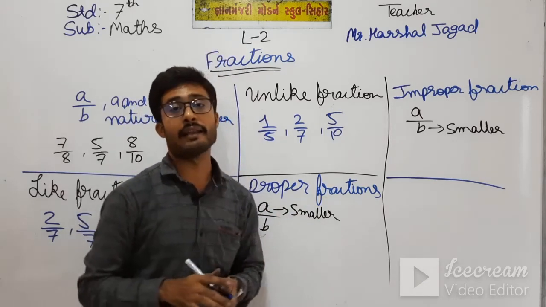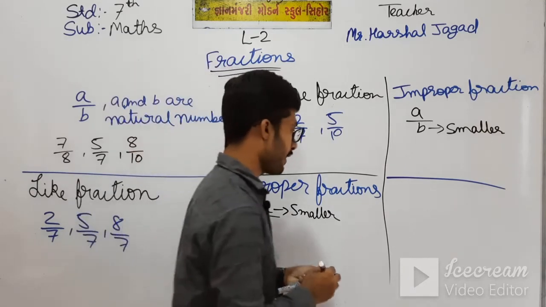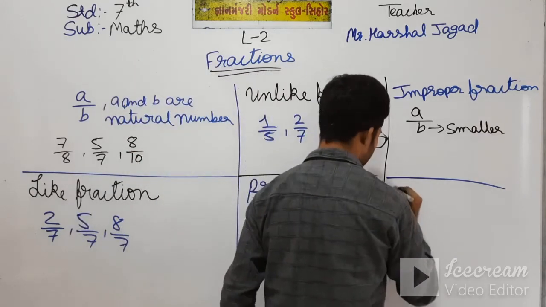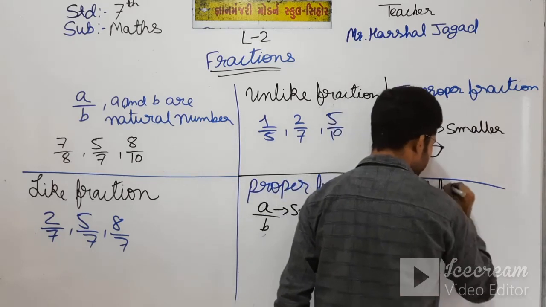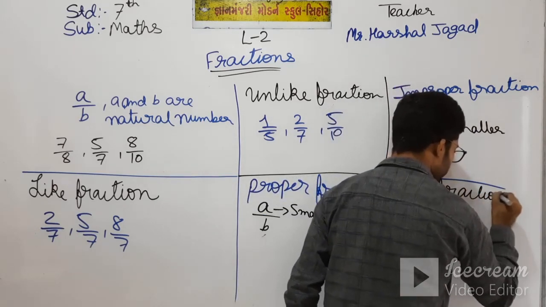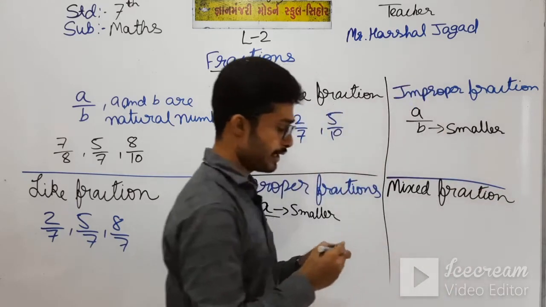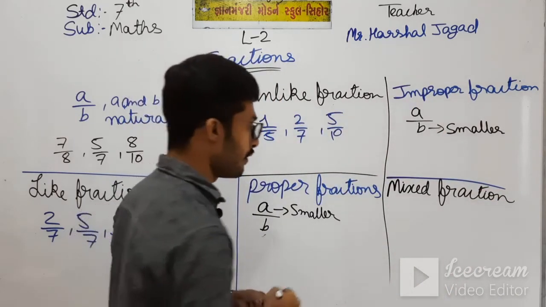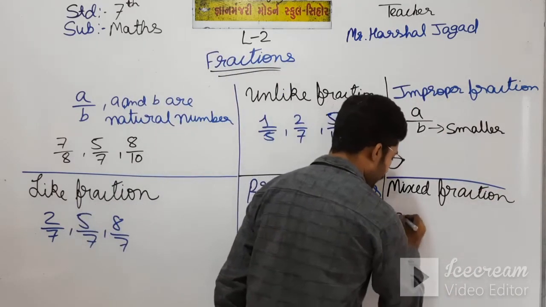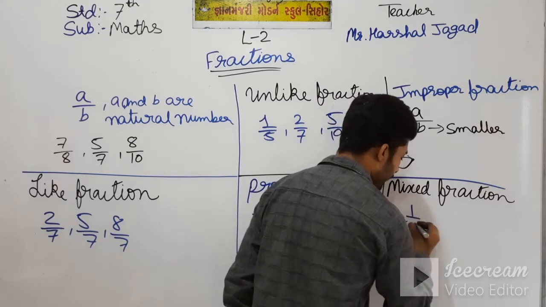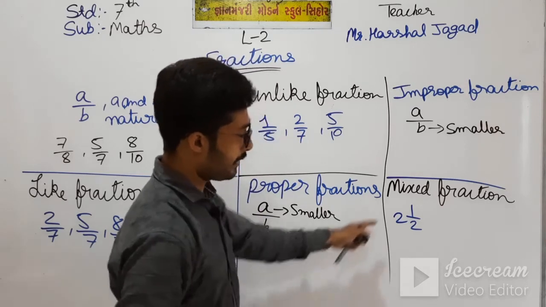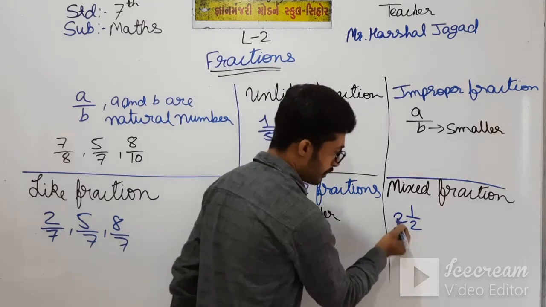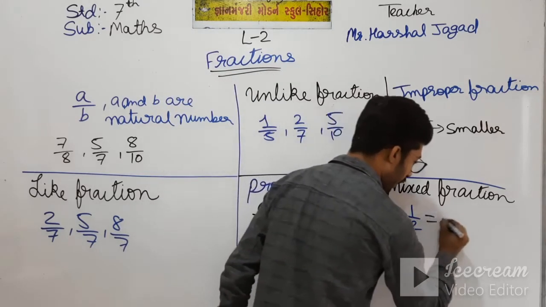Okay students, and then comes the mixed fraction. What is a mixed fraction? The fraction which is written in the form of, I am writing here, 2 integer 1 by 2. See here how it can be written. 2 twos are 4, 4 plus 1 is 5.